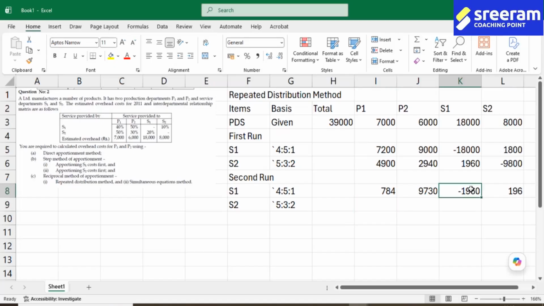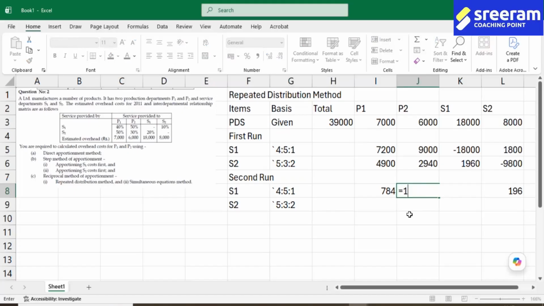So this 1960 is getting distributed between P1, P2 and S2 in the ratio of 4 is to 5 is to 1. Am I right? If I sum up 784 and 980 and 196, it will come to 1960.